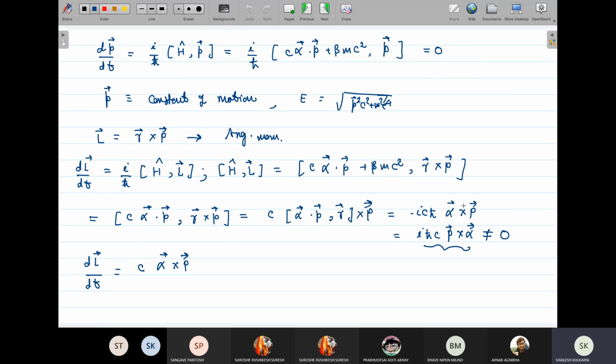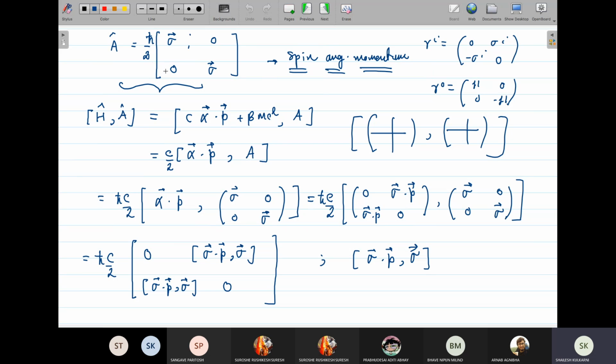Rotation invariance is there, therefore I should claim the conservation of angular momentum, but it is not happening. The angular momentum is not a constant of motion. The moment I add this part to L, then the total angular momentum is a constant of motion. So it's not an ad hoc addition, it is a requirement of the theory. It is a requirement from the rotation invariance.